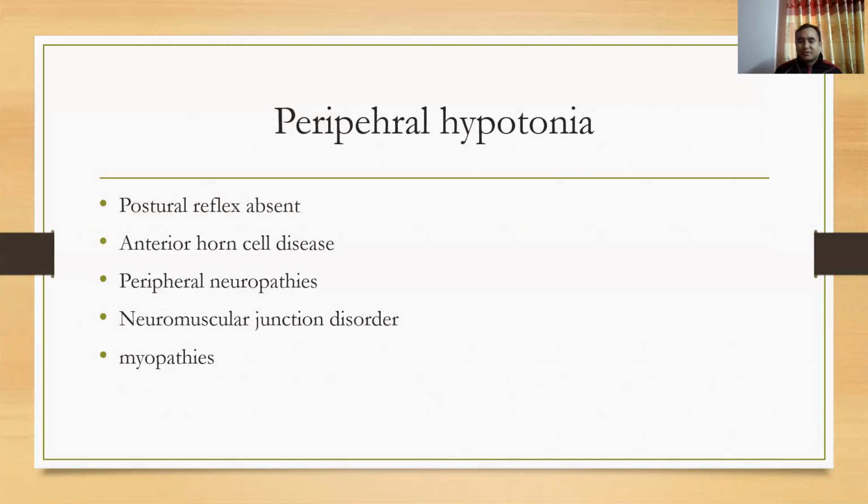The neuromuscular junction is shown by fatigable weakness, and in myopathies the child usually has proximal muscle weakness with no sensory symptoms. So we can differentiate them one by one.